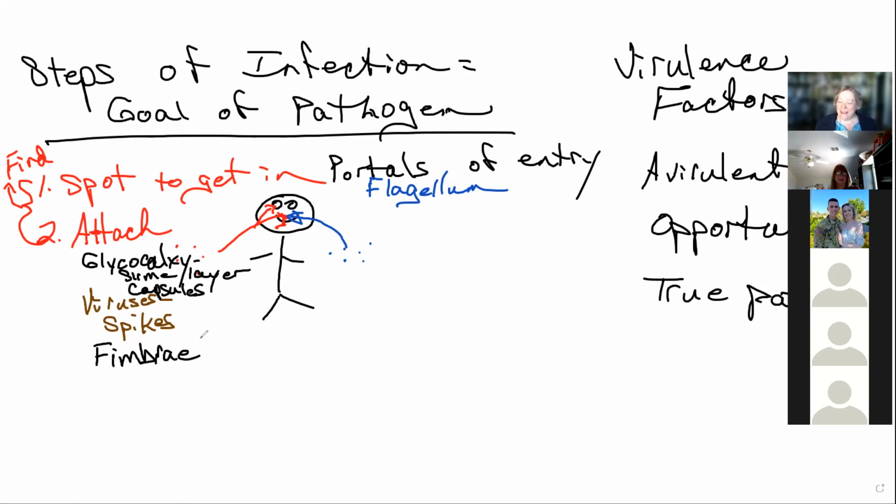So on my cute little bacterium, fimbriae are these little hairy looking things that you would think were cilia, but they have a different structure. So that would be your fimbriae. And if I had a capsule, then a capsule would be kind of like here. Sometimes the fimbriae stick out from the capsule. So yes, these are structures that are involved in attachment.